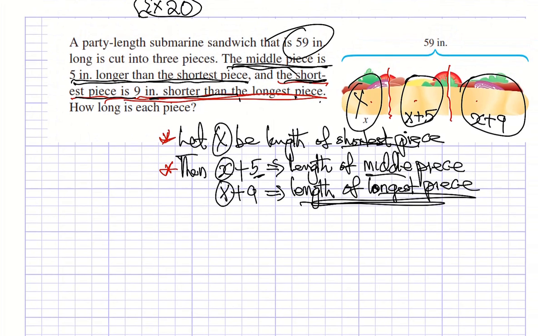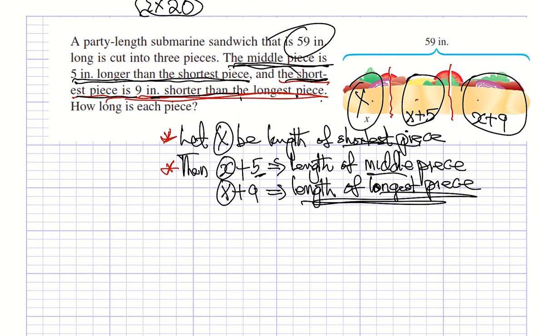Once you understand all this, then the rest is easy. You add this x plus 5, and you add that x plus 9. You add that like that. All of them equals 59 inches. See, the stuff is in inches.